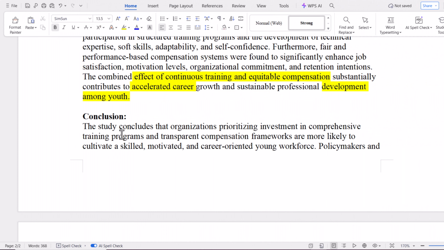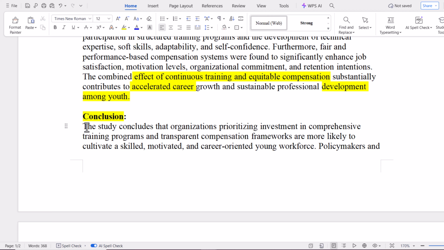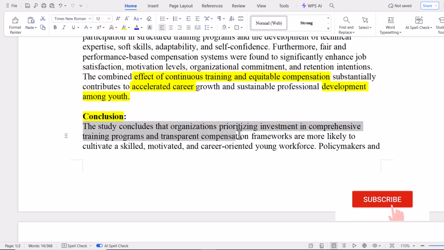The fifth and final component is the conclusion and implications. This explains the broader significance of your findings. For example, the study concludes that organizations prioritizing investment in comprehensive training programs and transparent compensation frameworks are more likely to cultivate a skilled, motivated, and career-oriented young workforce.